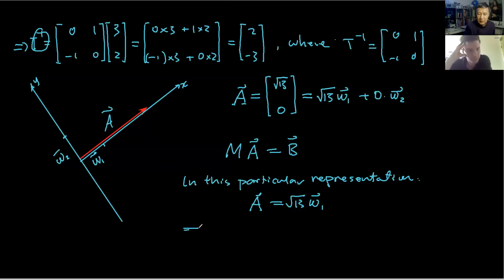So therefore, if this transformation is M, which is different from our previous one because we choose a different set, then in this case we will end up with M multiplied by the square root of 3 and W1. So what does that mean?